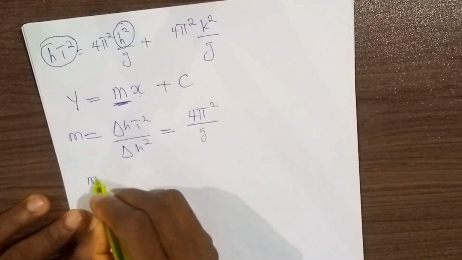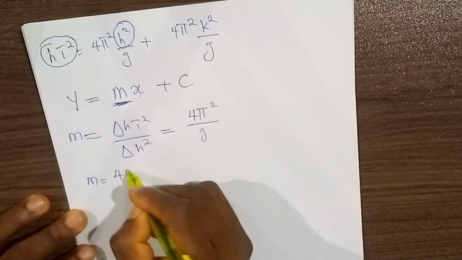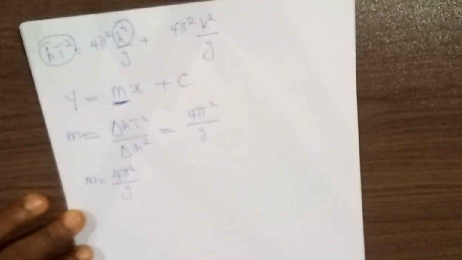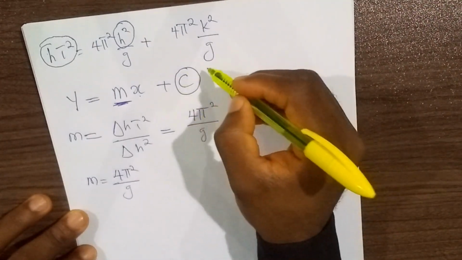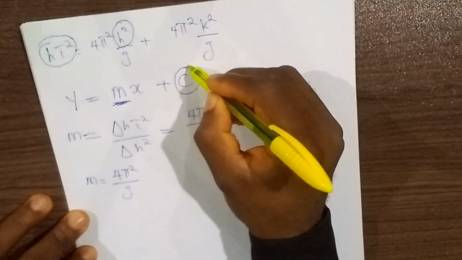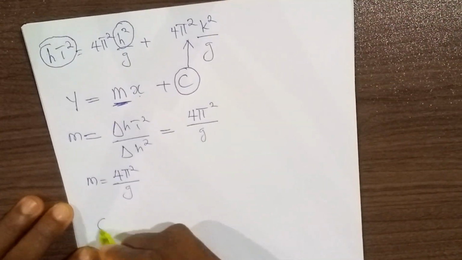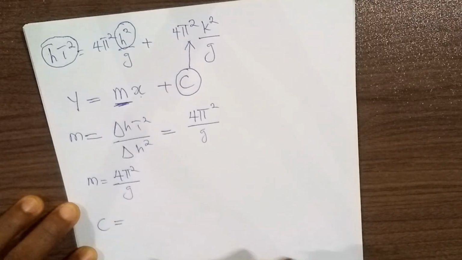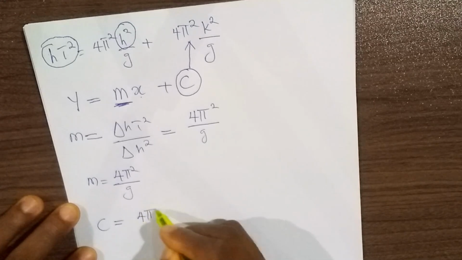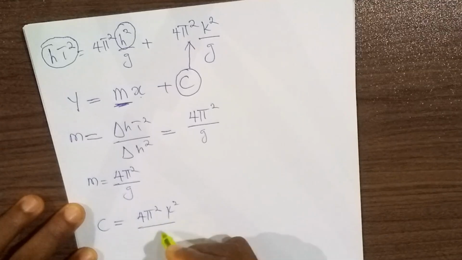So if you get your slope from the graph, you can equate your slope to 4 pi squared all over g. The next thing we can see here is that our intercept c on the ht squared axis will be equal to 4 pi squared k squared all over g.